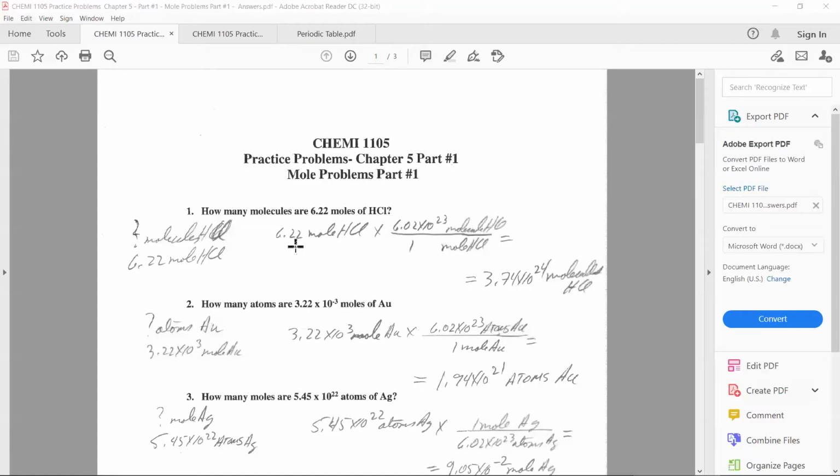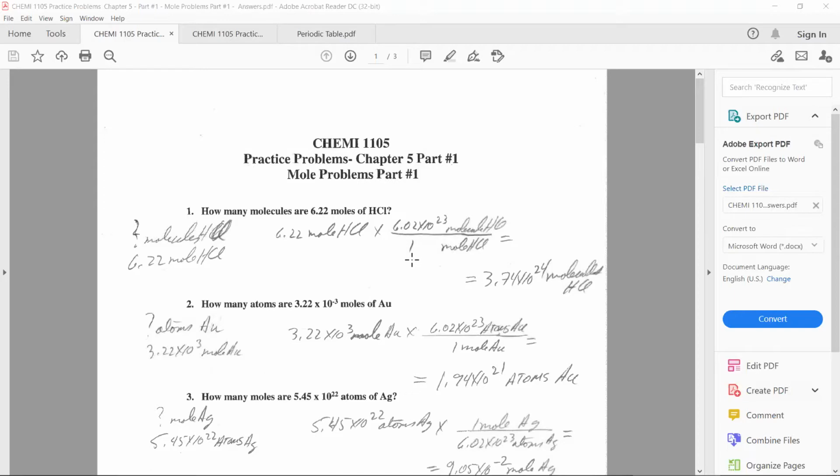Next, on test 2, it will say underneath your name, like test 1, please use proper significant figures for all calculated answers. If you notice here, I have 3 significant figures, 6.22, and 6.02 times 10 to the 23rd has 3 significant figures. The 1 is an exact number because it's by definition 1 mole.